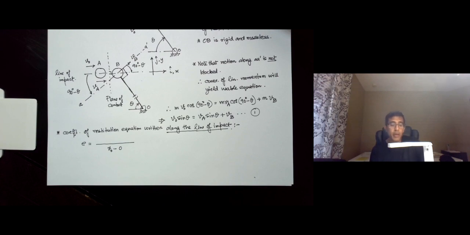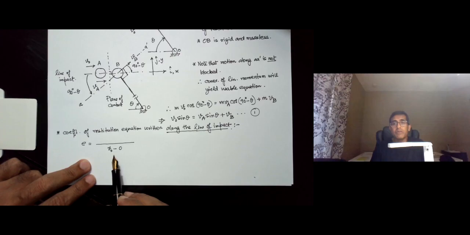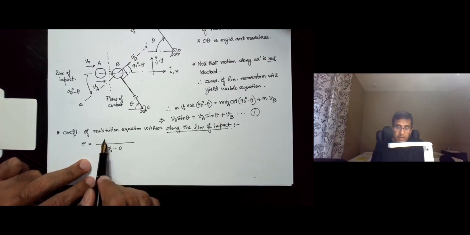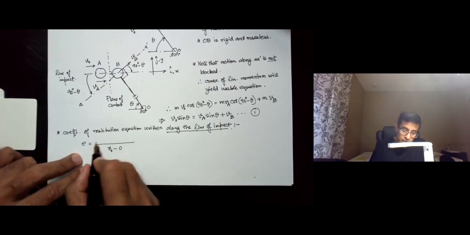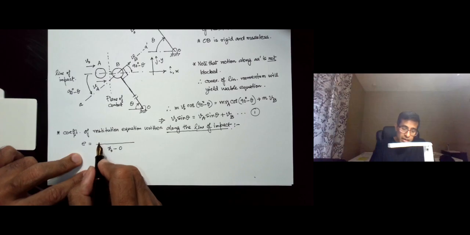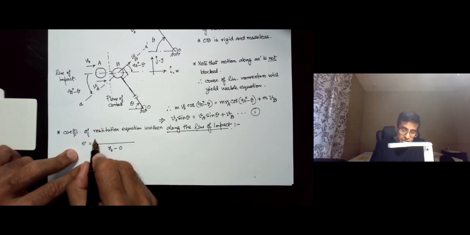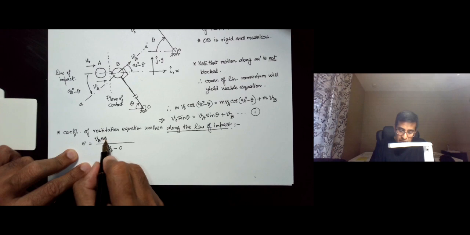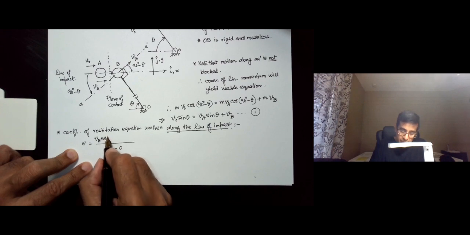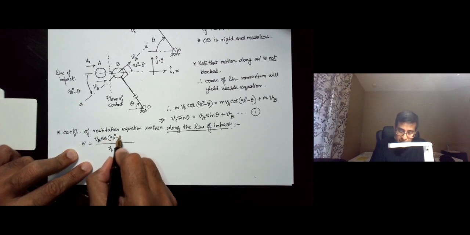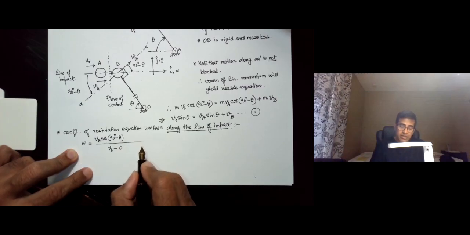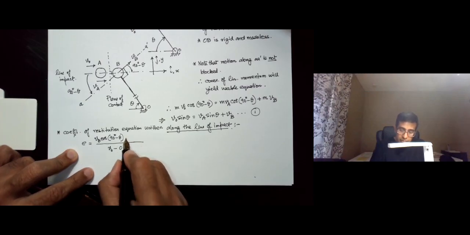So if we don't take squares, we have to ensure that the right hand side is positive, and one way to do that is to make sure that if we are doing A minus B in the denominator, then we do B minus A in the numerator. So what is the velocity of B along the line of impact after the collision? Well, it is Vb cosine 90 degrees minus theta. And what is the velocity of A after collision along the line of impact? Well, it is Va.